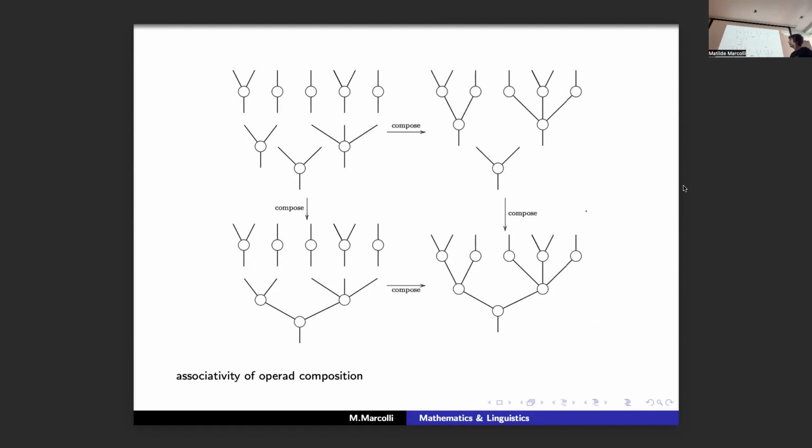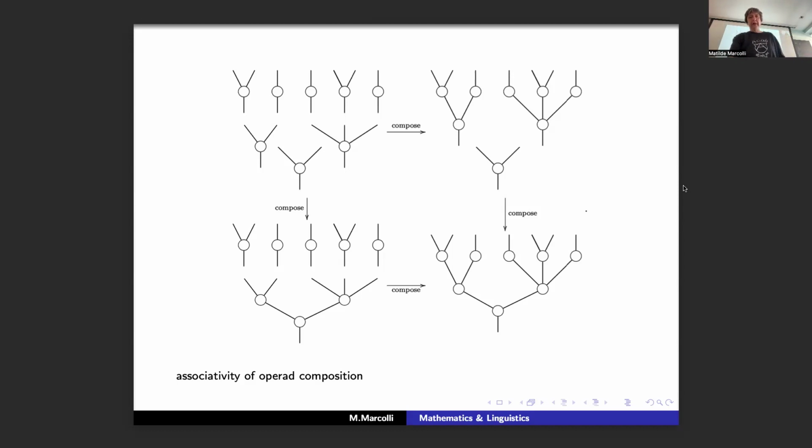So it means that if you have three layers of this kind of operations, you can either do the first thing, which you plug in these outputs to inputs, and you obtain these two structures here, and then you do the second operation where you plug in these two outputs to inputs, or you do it the other way around. Like you first plug in this, and then the other one, this should be the same. The resulting operation that you obtain should be the same.